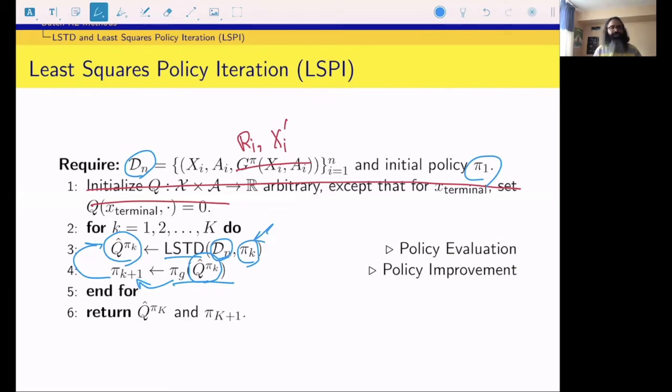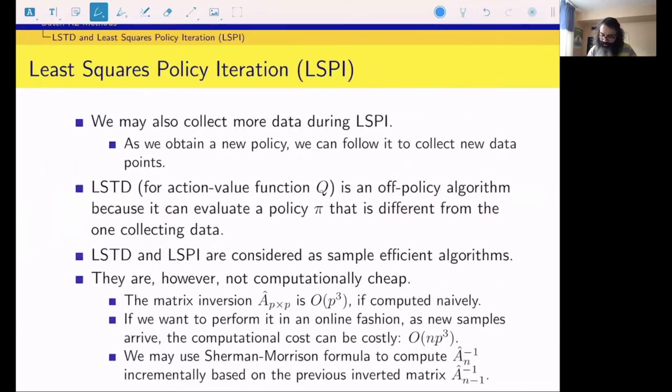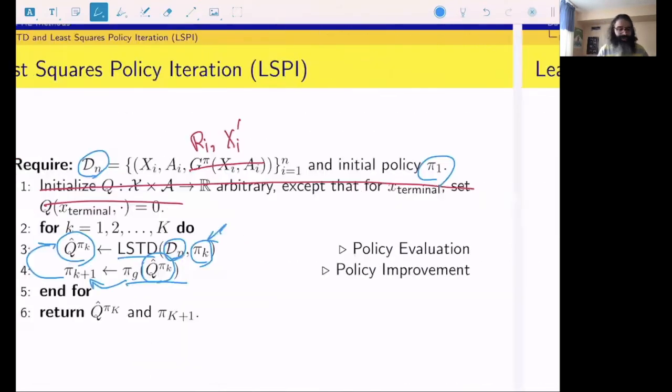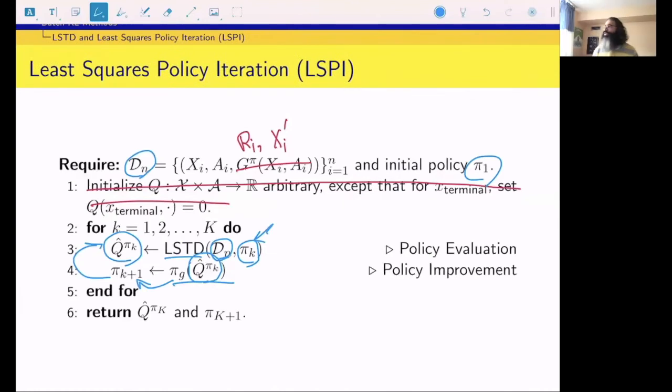Of course, the quality of how well I can evaluate it depends on how close the data distribution is to the distribution induced by that policy. But in principle, I can compute it. So this is the basic of LSPI. Are there any questions so far?